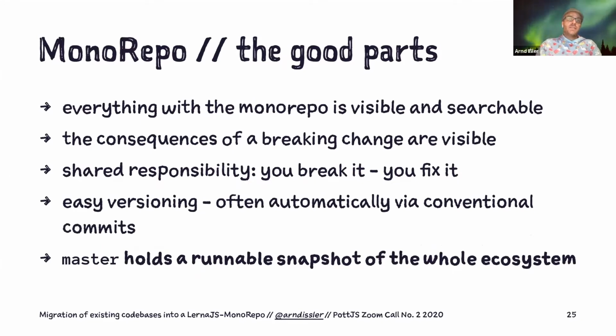So the good parts. The good part is everything is visible. So the whole code base is visible for all consumers, for all users within the MonoRepo. This is great for transparency and to know how things are done and how everything works and is connected to each other. And the consequences of breaking changes are visible.